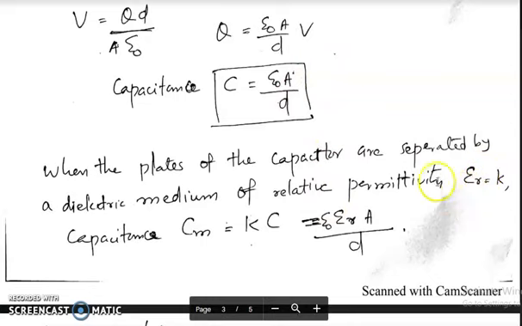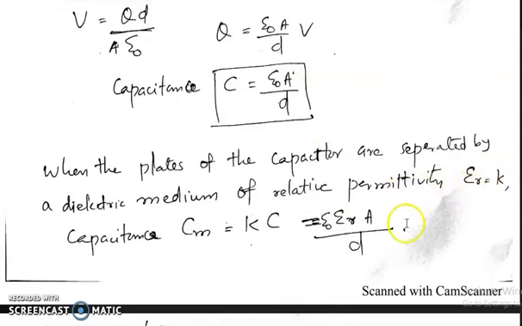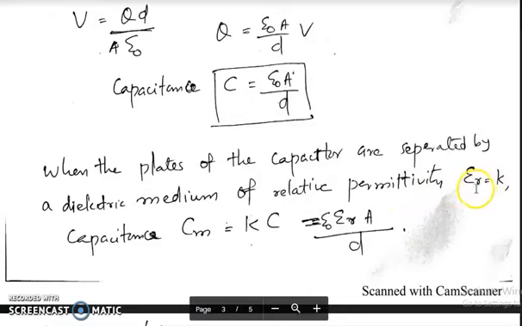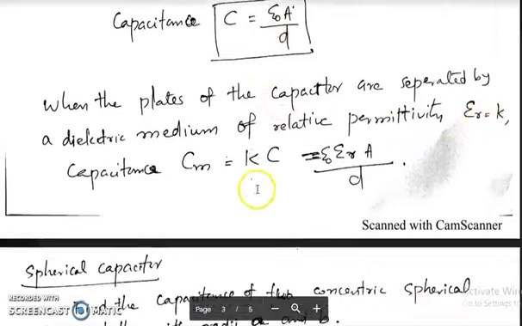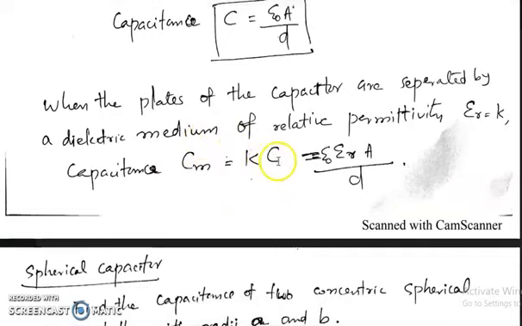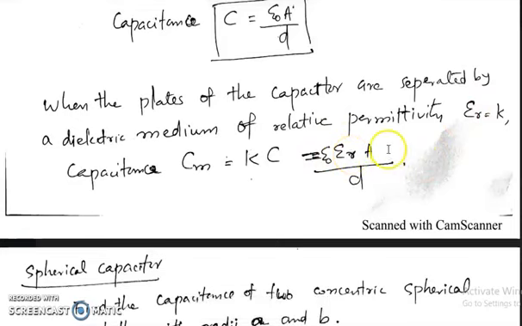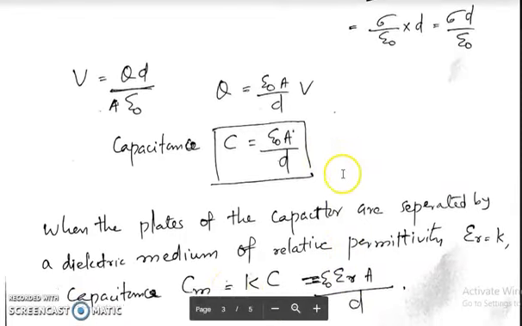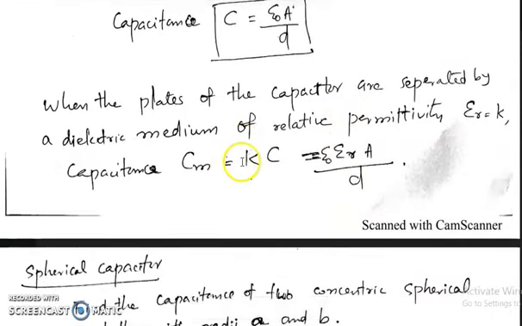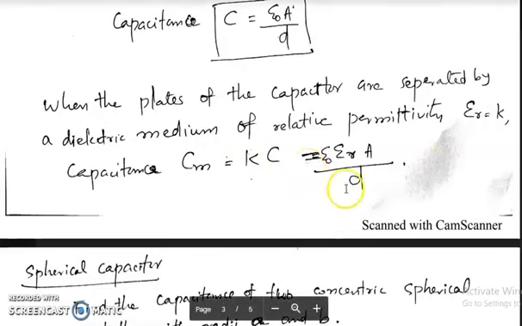If we have a dielectric medium of relative permittivity epsilon r equal to K in between the plates, the capacitance will be K into C, that is epsilon 0 epsilon r A by d. So this is the capacitance of a parallel plate capacitor having some dielectric medium in between them.